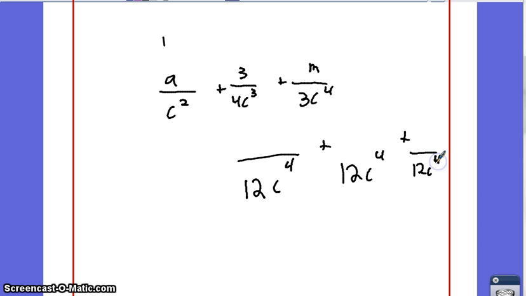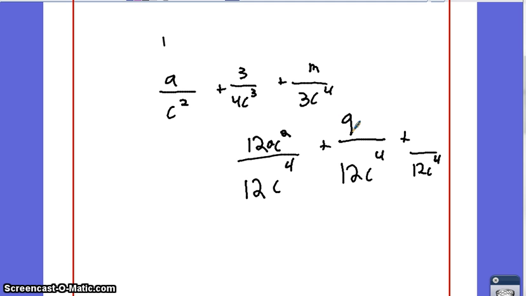Okay, now let's put everything together. The first term had no numbers, so I'm going to write 12 c squared, and I can't forget that a. The second one has some numbers. That one already had the 4, so 3 times 3 is 9. That's where I get the 9 from.